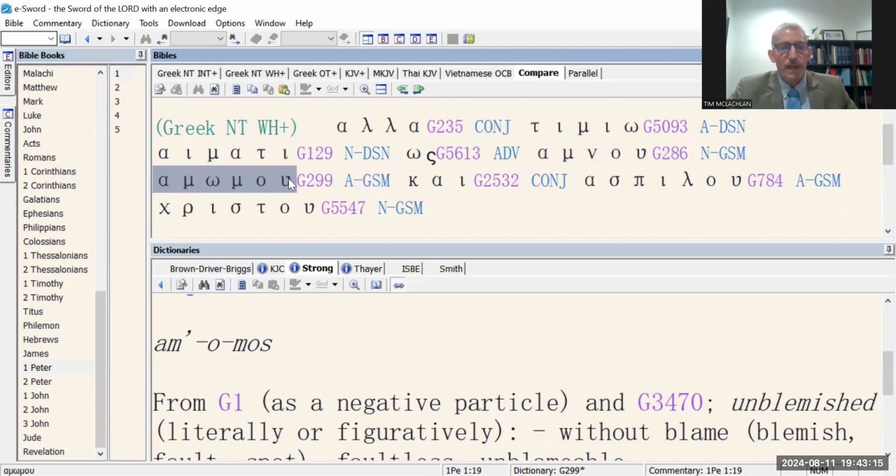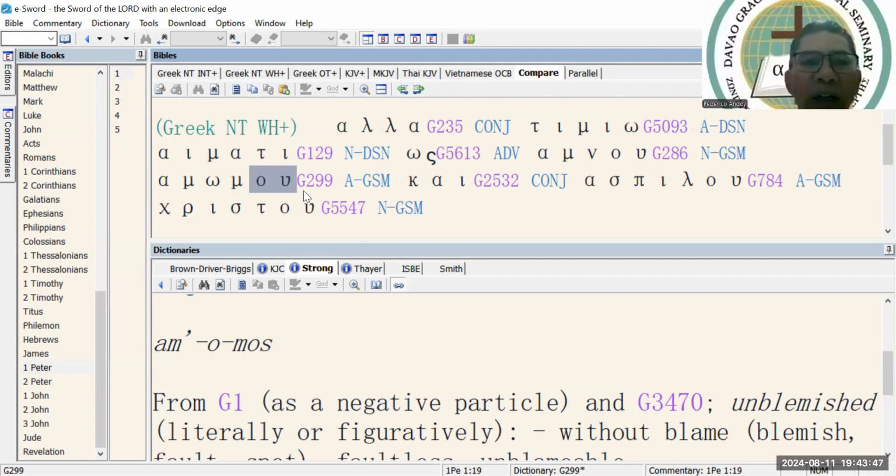So even though amomos and aspilos are adjectives, they're describing the noun. So you go back to the noun and ask what form the noun is in, and the noun is genitive, singular, masculine. So you have to take those adjectives and look at the genitive, singular, masculine form to make sure they get the correct endings.